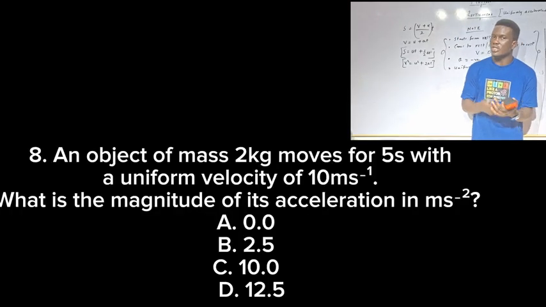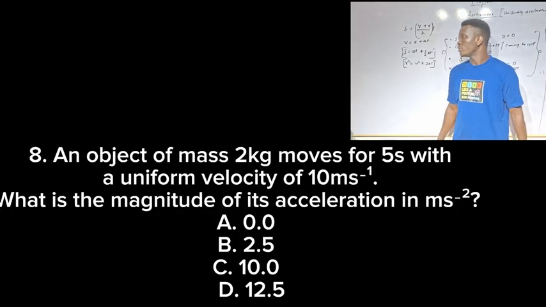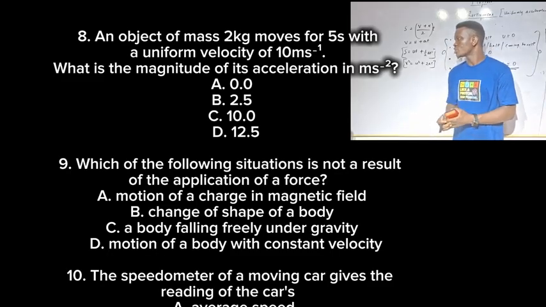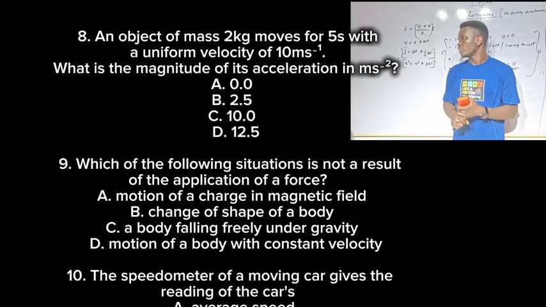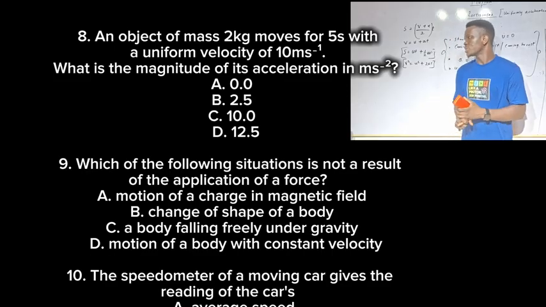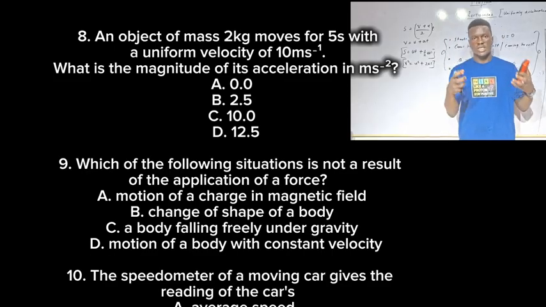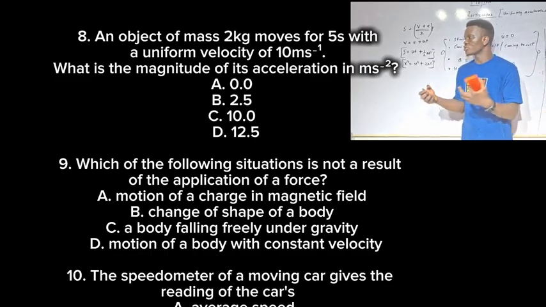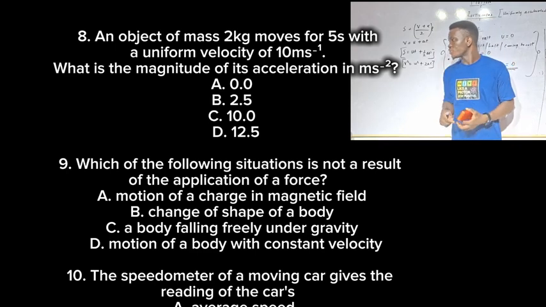The acceleration is 0. Number 9, which of the following situations is not a result of the application of a force? A, motion of a charge in a magnetic field. When a charge is in a magnetic field, it will be attracted or repelled. B, change of shape of a body.